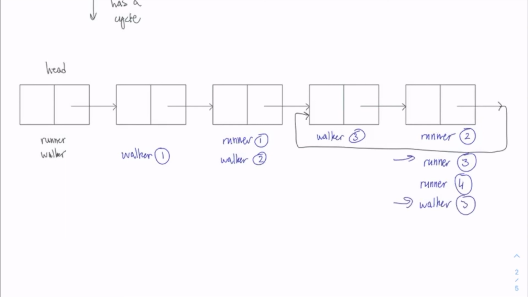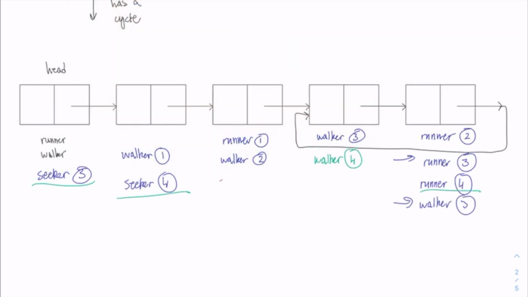So at the third iteration, we introduce this new variable, which is seeker, and we'll call it at time 3. And then at time 4, seeker is here. Let me make this a different color. Seeker is here, and at time 4, walker is here, and runner is here.